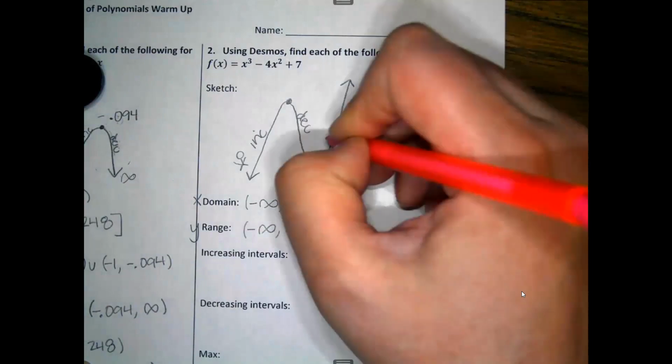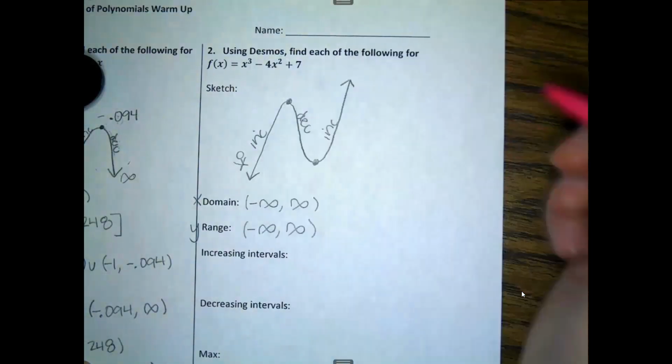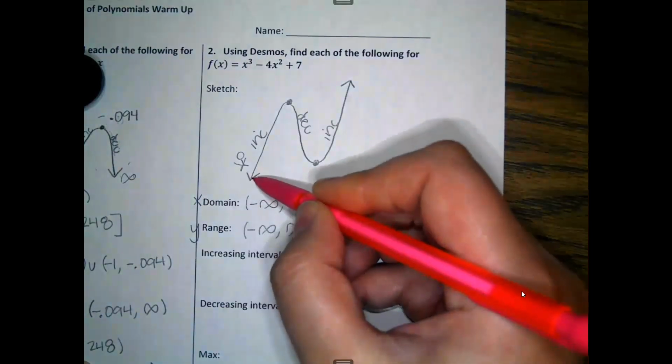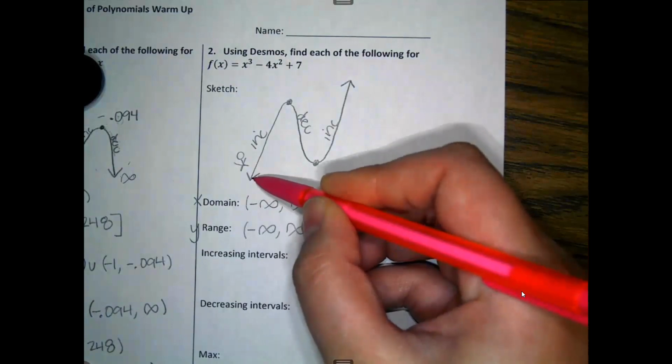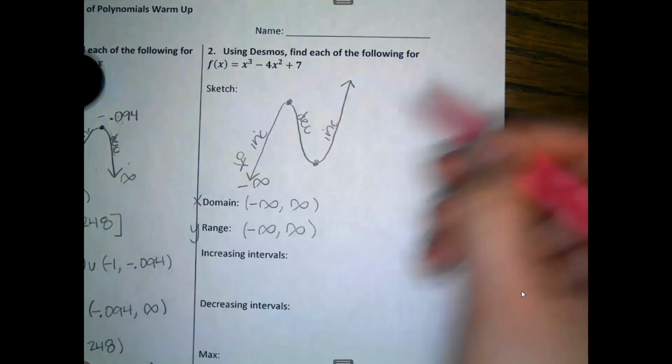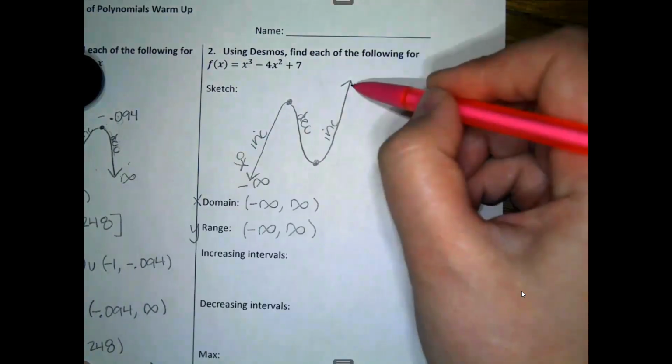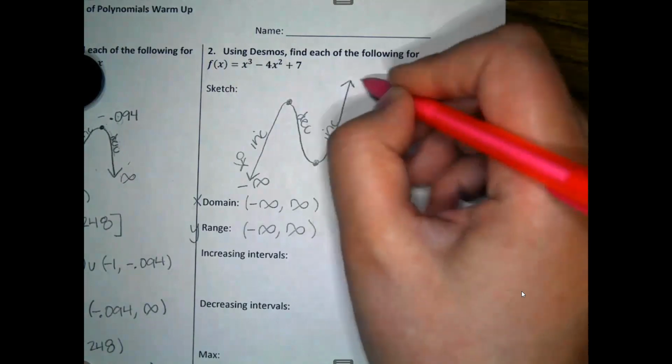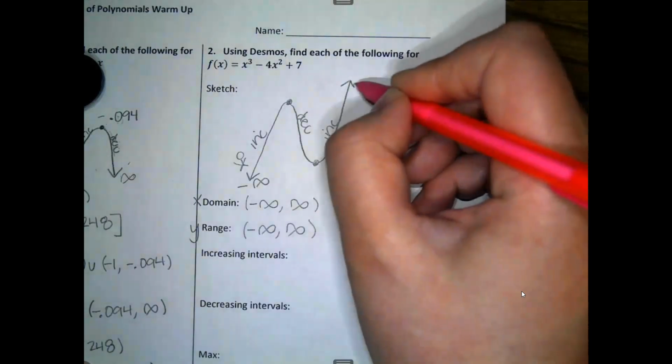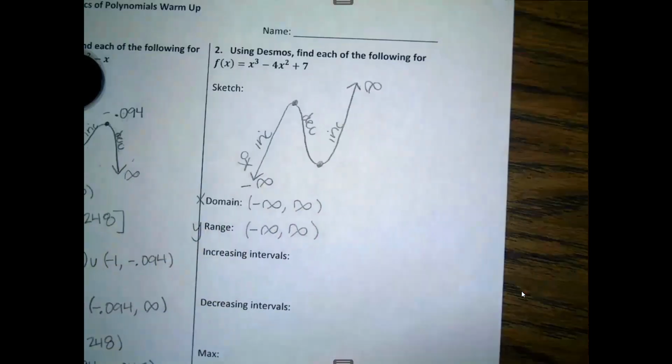He goes back up. Okay. So this is what X value? A left arrow. Negative infinity. Here's a positive infinity. What X value is that? Right arrow is positive infinity. I think I said that.